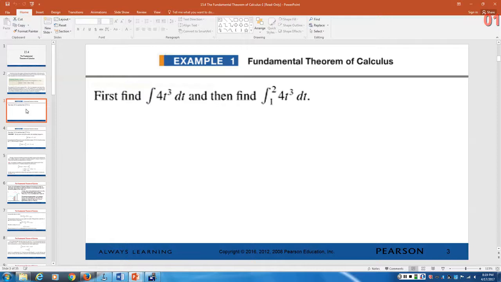It says find first the integral of 4t to the third dt. Now, rather than go through the PowerPoint part of it, I'm going to switch over and do this problem on the overhead for you, so it'll slow me down and give you a chance to write.